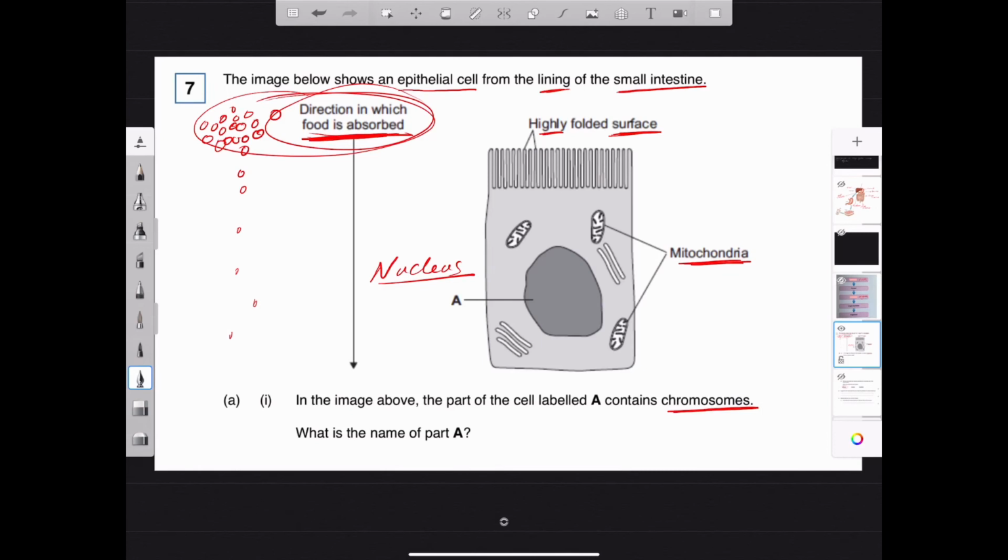So it must be coming from a higher concentration, and then it goes to the lower concentration. So because it's in a higher concentration and the movement is downwards, we say it is diffusion. Movement of substances from a high concentration to a lower concentration.